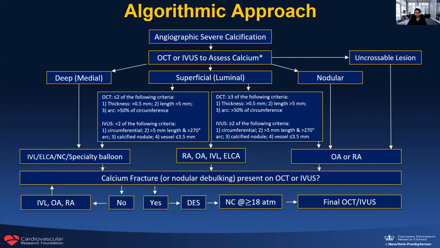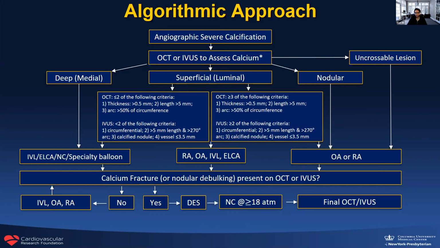In which case, when you are able to cross the lesion and you perform OCT or IVUS, 3 patterns of calcification will be present. Deep calcification or medial calcification, and you'll see I will rename this term because, as Gary will tell you, deep calcification cannot be seen on intravascular imaging.